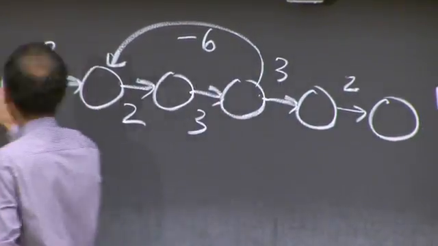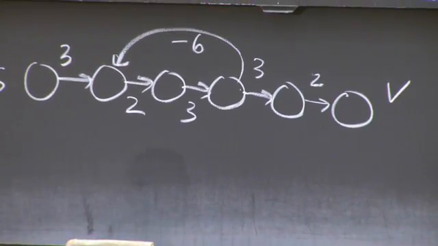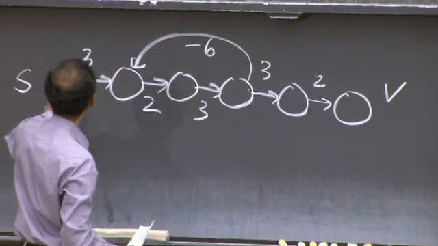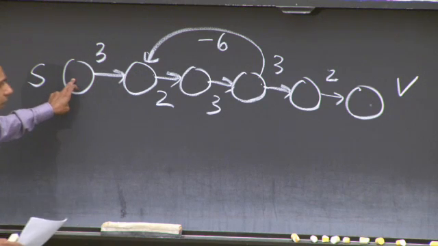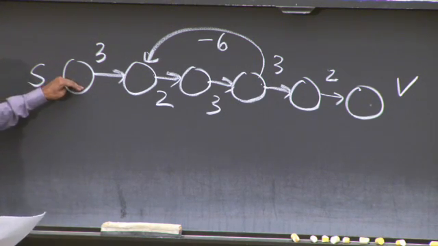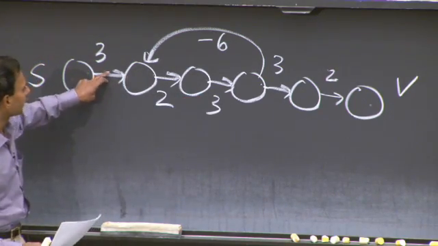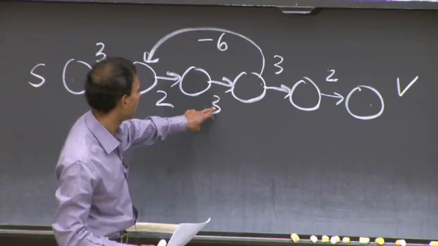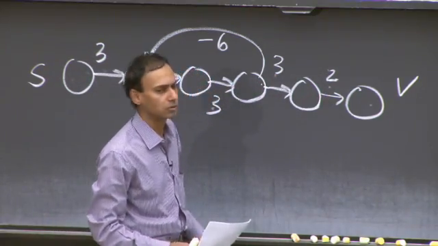And I want to find the shortest simple path that reaches V from S. What is the shortest simple path that reaches V from S? It's this path that goes horizontally, which has weight 3 plus 2, 5, 5 plus 3, 8, 8 plus 3, 11, 11 plus 2, 13.